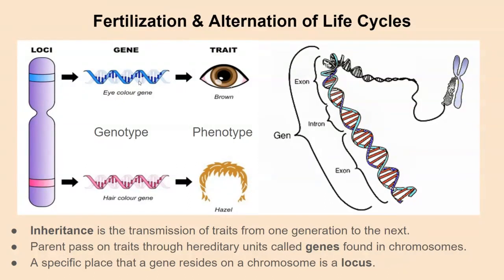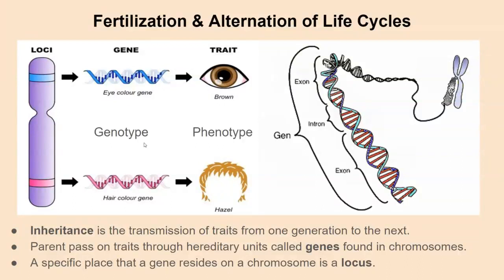So for instance, if the gene has the dominant allele, we may express the trait brown eyes. But if it's the recessive gene, same loci, nothing has changed about the location, but that gene now codes differently for the recessive type, we might appear to have light colored or blue eyes.